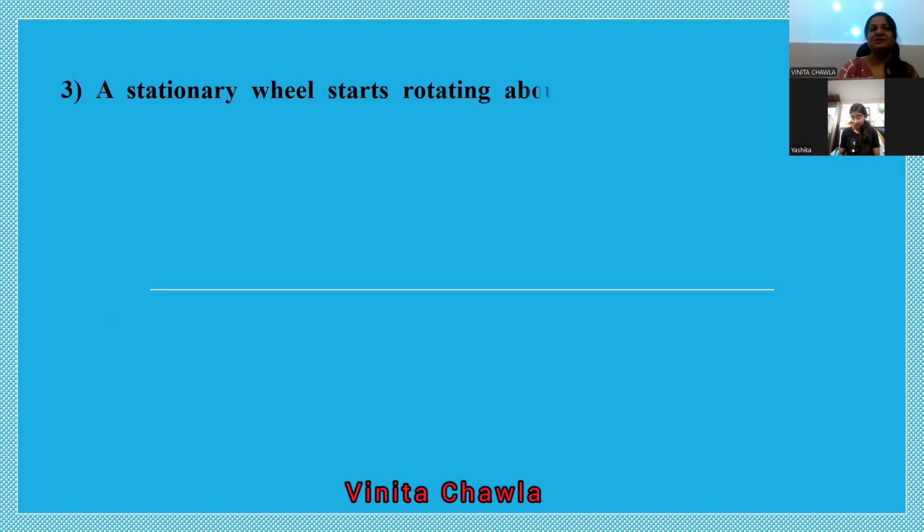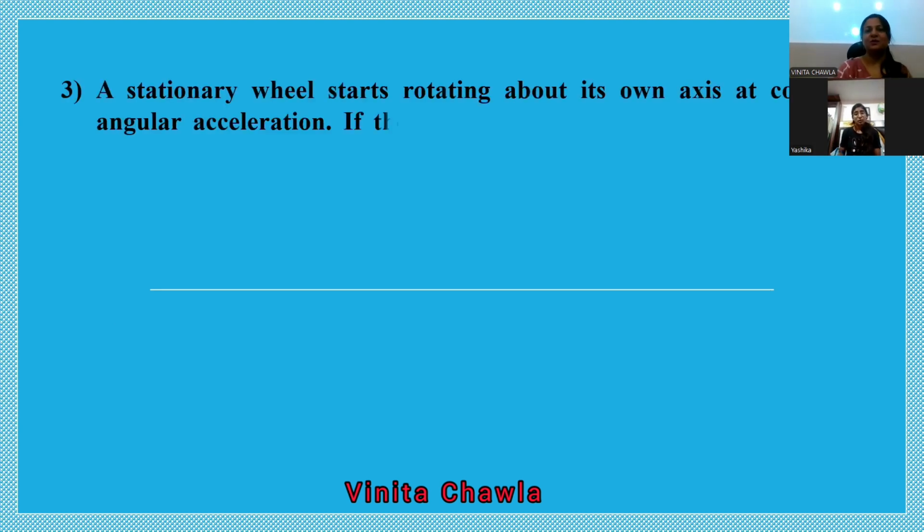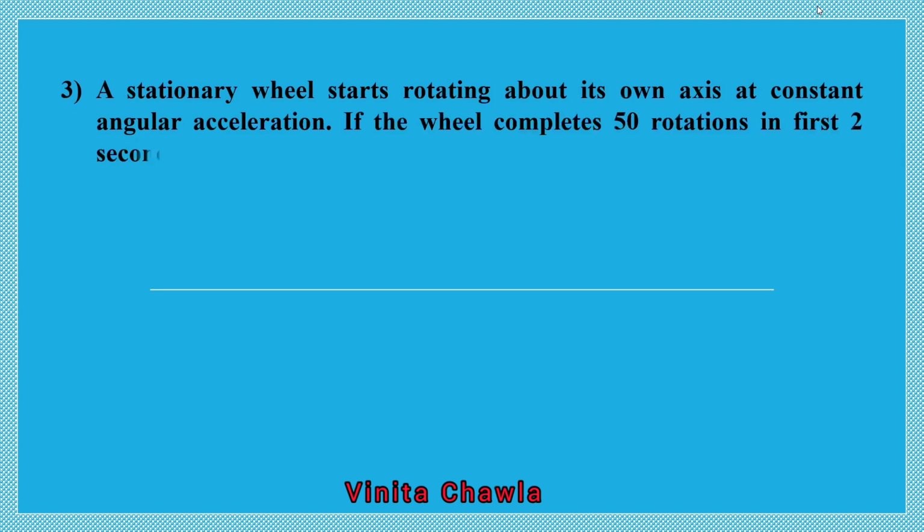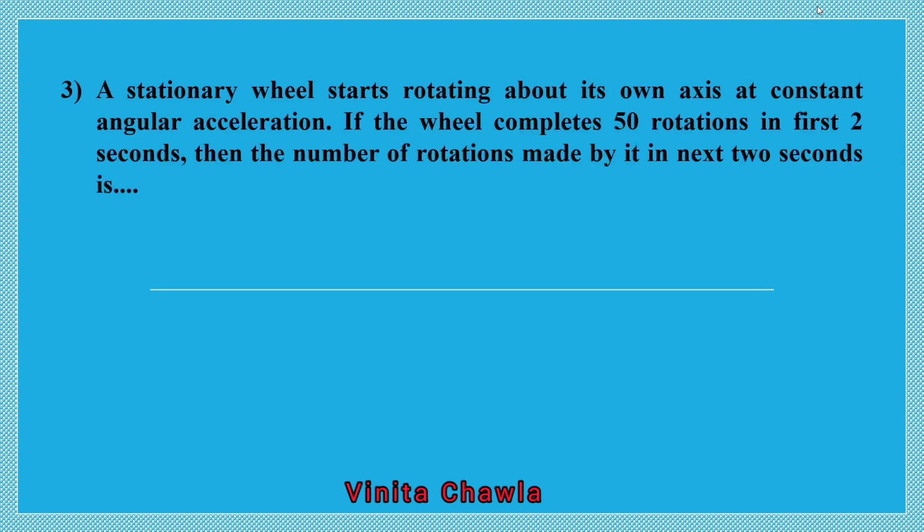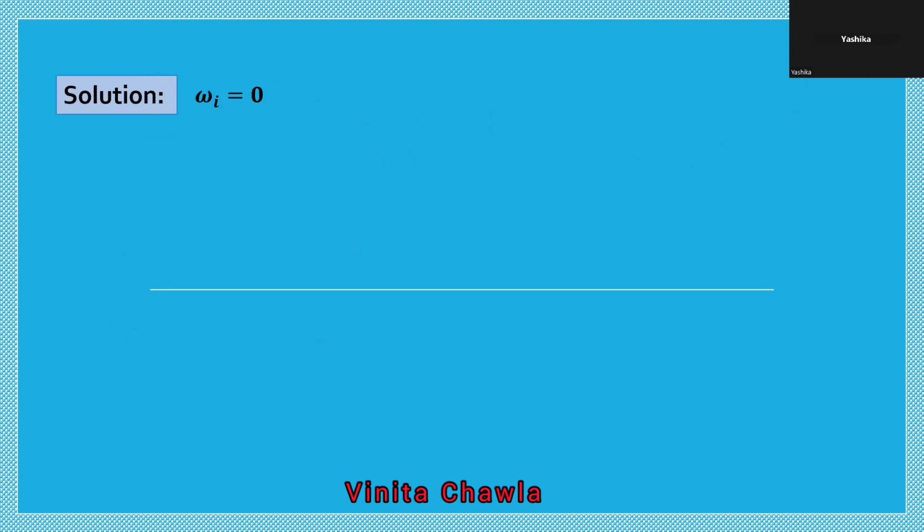A stationary wheel starts rotating about its own axis at constant angular acceleration. If the wheel completes 50 rotations in first 2 seconds, then the number of rotations made by it in the next 2 seconds is. Initial angular velocity is 0. Okay? Time is 2 seconds. Theta is 2 pi into number of rotations.